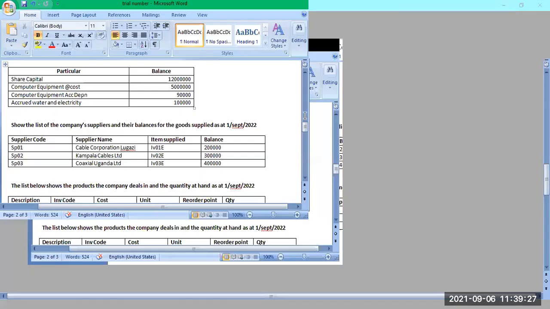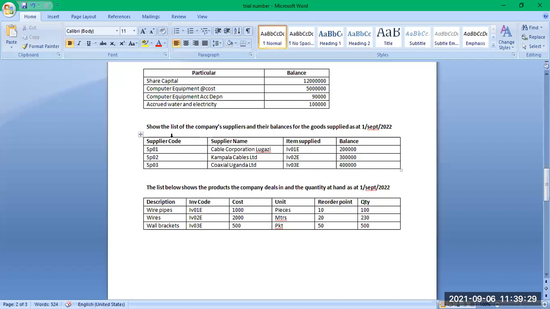To get the preferred vendor, I look at the company suppliers list, where I have the item supplied code. Then when I come to the item code, the inventory code, this code tells us who is supplying that commodity because they are in line.